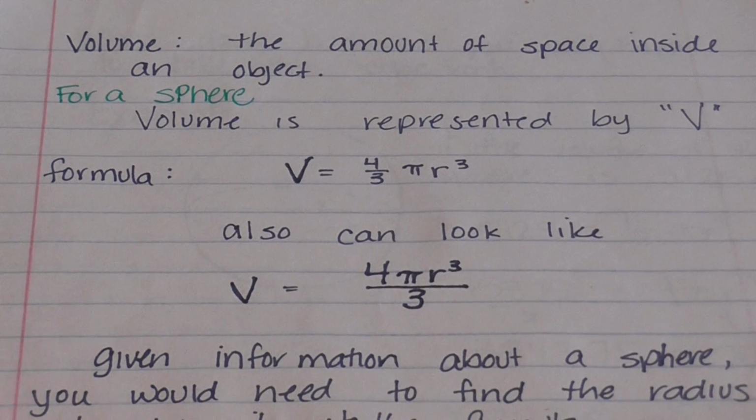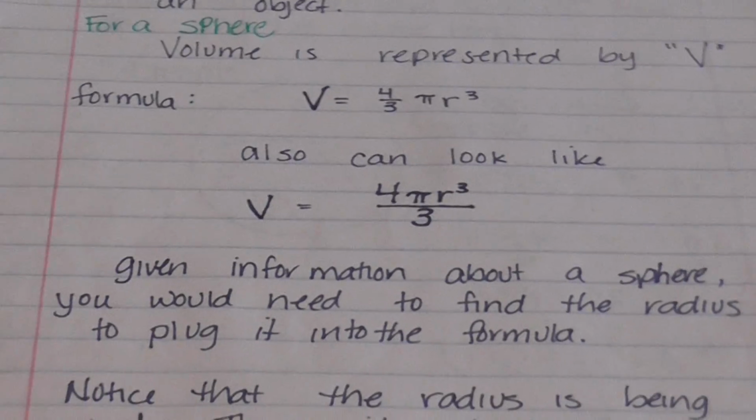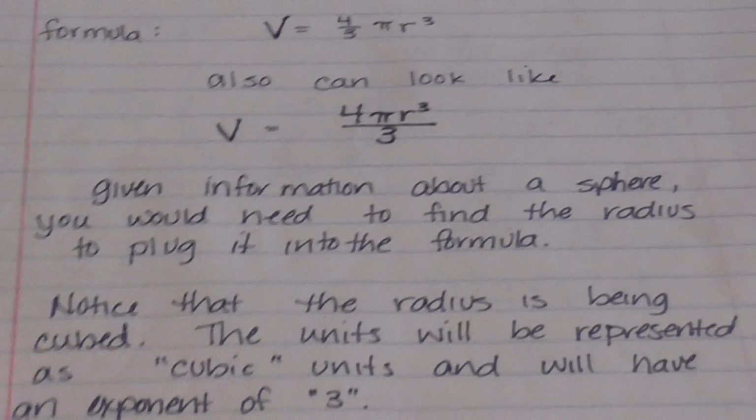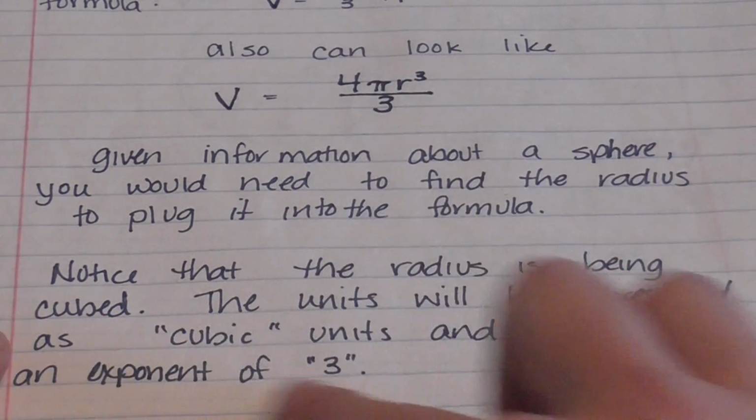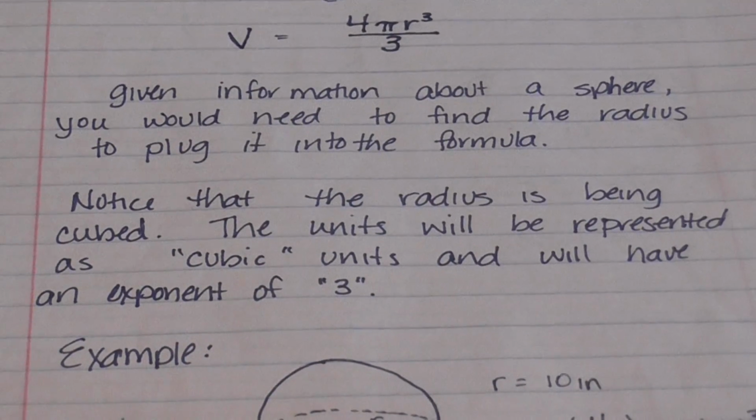So, given information about a sphere, you would need to find the radius and plug it into the formula. Notice that the radius is being cubed, so the units are going to be in cubic units and we'll always have an exponent of 3.